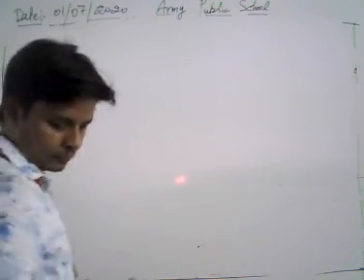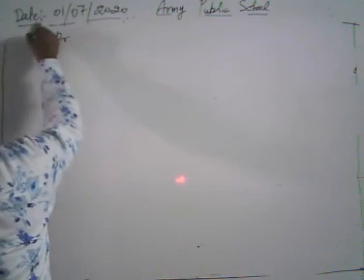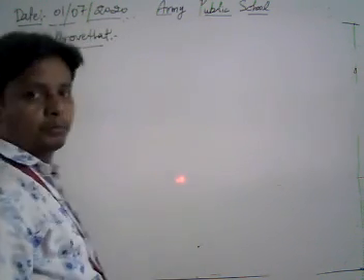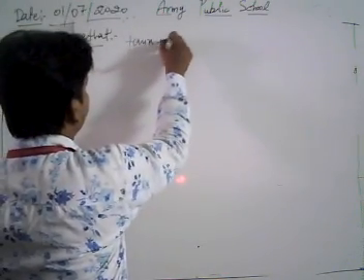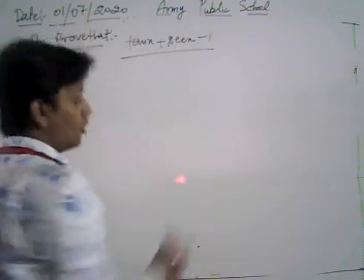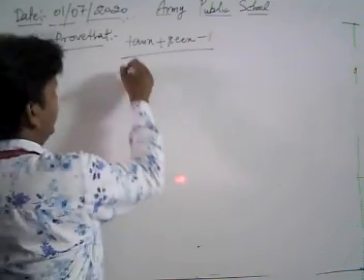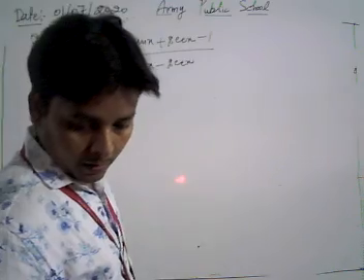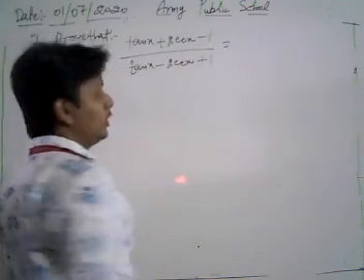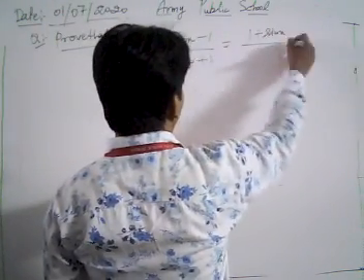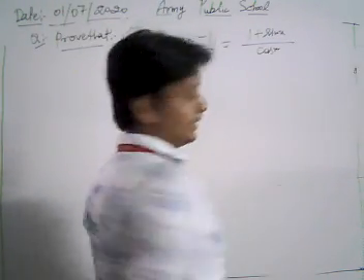Let's see. Next question is, prove that (tan x + sec x − 1) upon (tan x − sec x + 1) is equal to (1 + sin x) upon cos x.